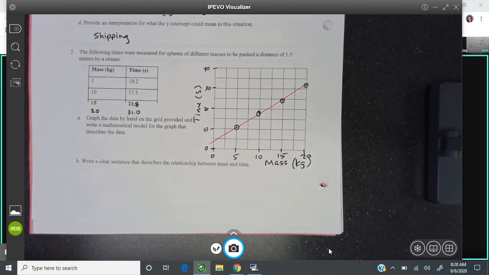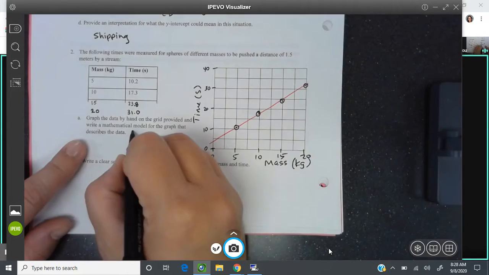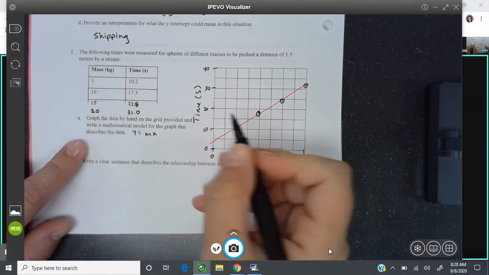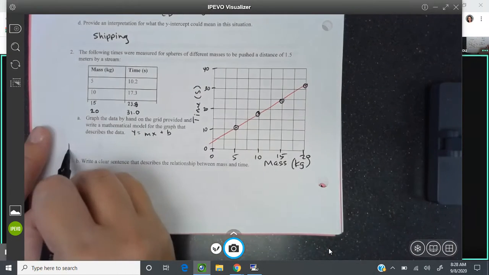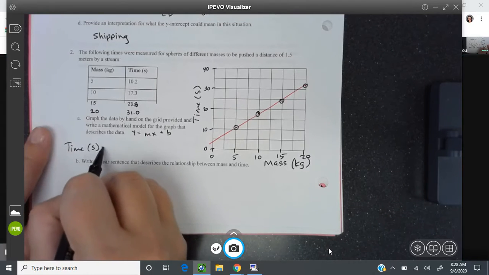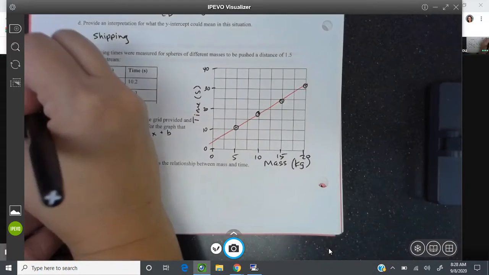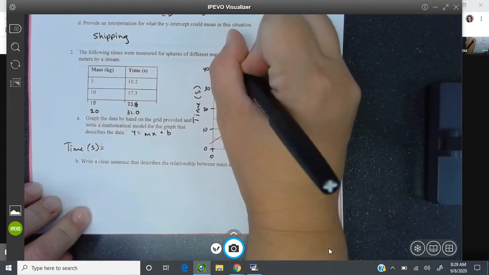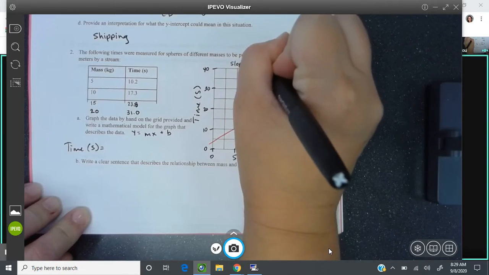All right, so an equation for this. Again, this is a line, so it's going to be y equals slope times x plus b. Y is time in seconds. The slope, what is our slope here? If I'm going to calculate my slope, I'm going to do a change in y divided by a change in x.